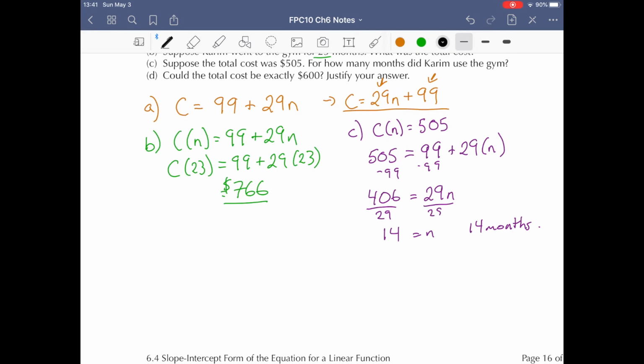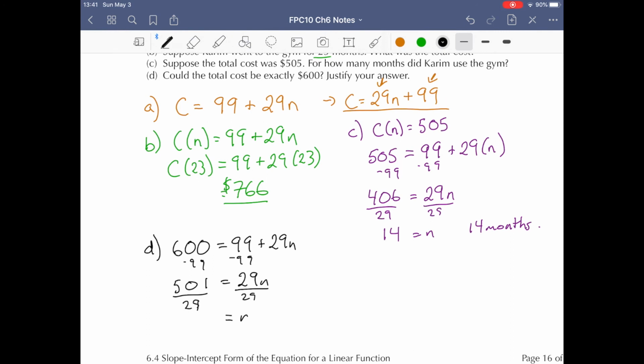We're going to put 600 in for our cost: 600 is equal to 99 plus 29n. Subtract 99, subtract 99. 501 is equal to 29n. Divide by 29, divide by 29.